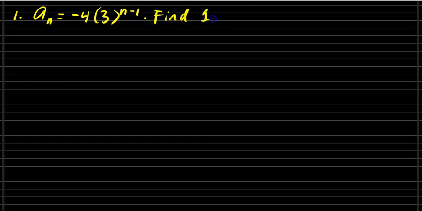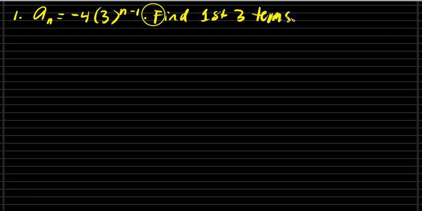Okay, so let's look at some examples in here. In this first example, we are going to be given an explicit formula of a sub n equals -4 times 3 raised to n minus 1. So in here, we're going to find the first three terms.